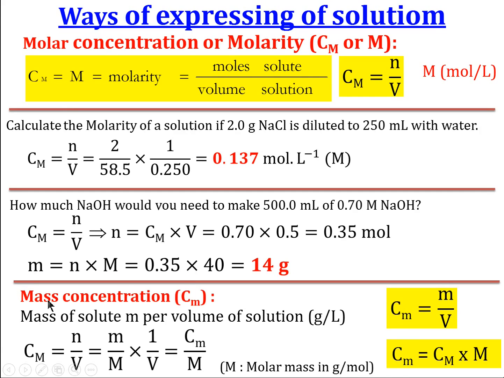We have a relation between the mass concentration and the molar concentration of a solution. The molar concentration equals the number of moles of solute divided by the volume of the solution. The number of moles of solute equals the mass divided by the molar mass, times 1 over V. The mass divided by V is the mass concentration, so the molar concentration is equal to the mass concentration divided by the molar mass of the solute.